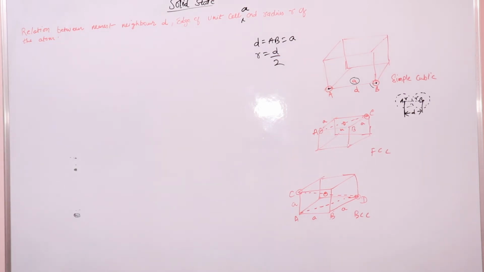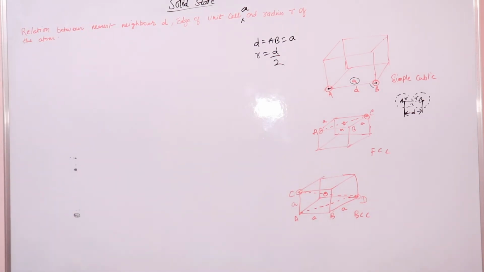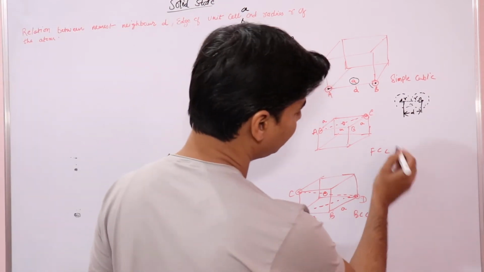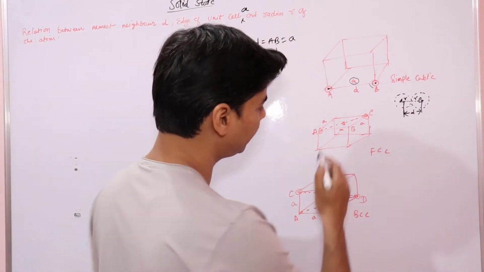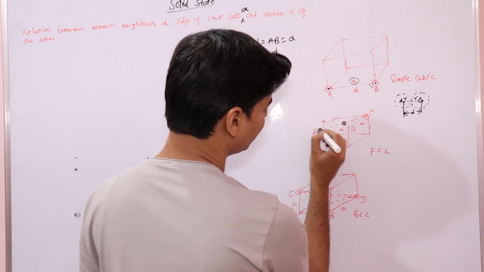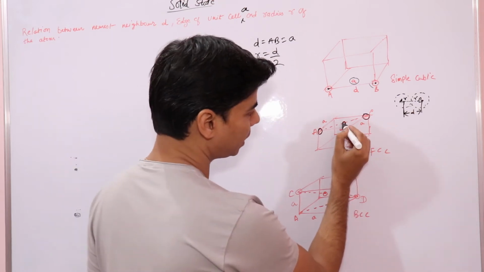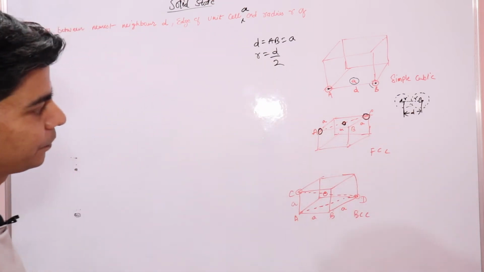Now let's come to the second diagram, this FCC. In FCC we will find this relationship. We know that FCC is face centered cubic, where we have one particle at the center of every face. So we have a particle here, one here, one here.